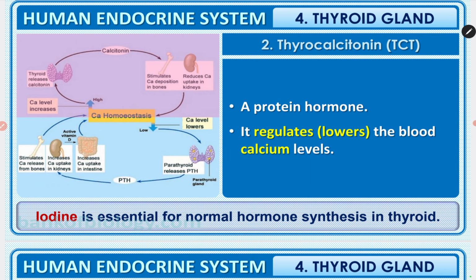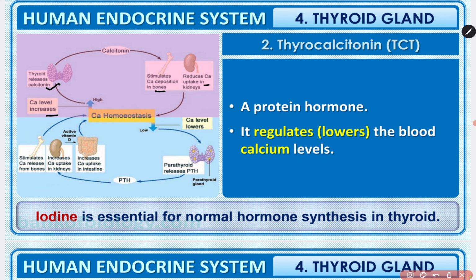Thyrocalcitonin TCT is a protein hormone. It regulates and lowers the body calcium level. See the diagram? Here you can easily get it. When the calcium level increases, the thyroid releases calcitonin, and calcitonin stimulates calcium deposition in the bones and reduces calcium uptake in the kidney.